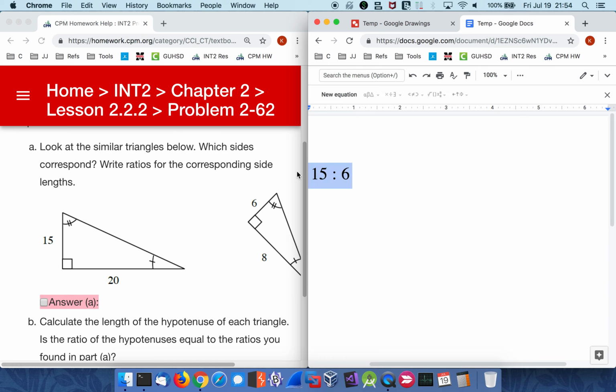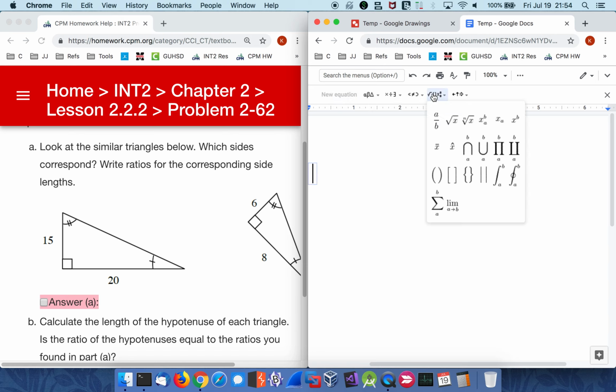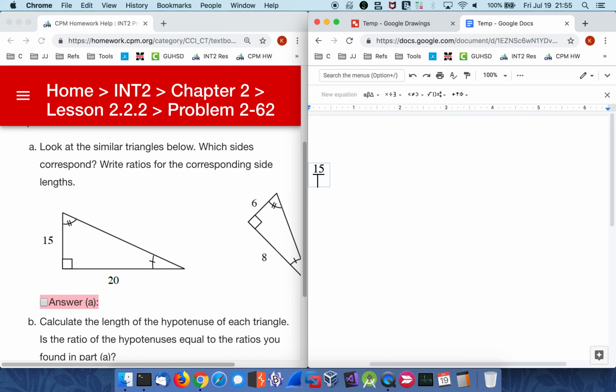I'm not sure if you're familiar with that form of writing ratios, 15 to 6. So if you ever see the ratio like 2 to 1, or 1 to 2, or 3 to 1 odds, or maybe 10 to 1 odds, that's one way of writing ratios. You can also write it as a fraction, 15 over 6, or as an actual old school 15 to 6.